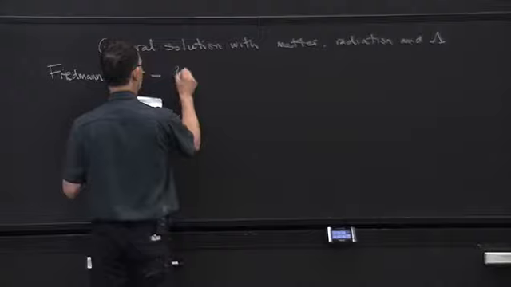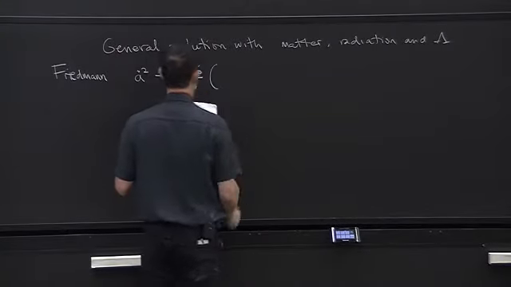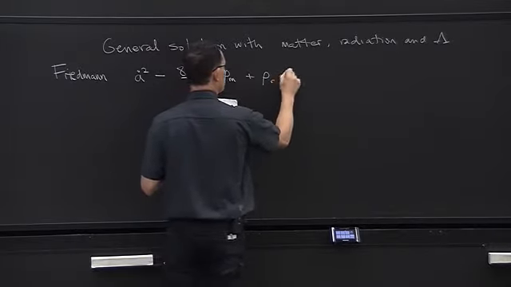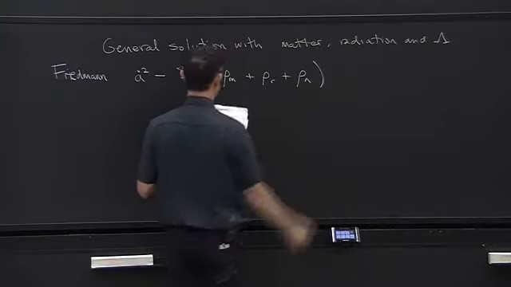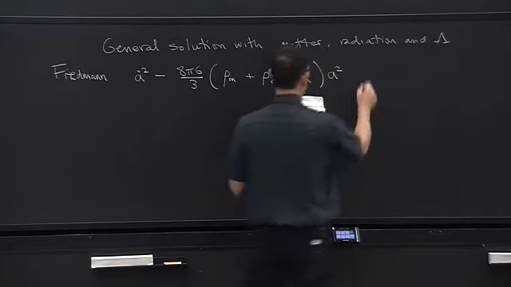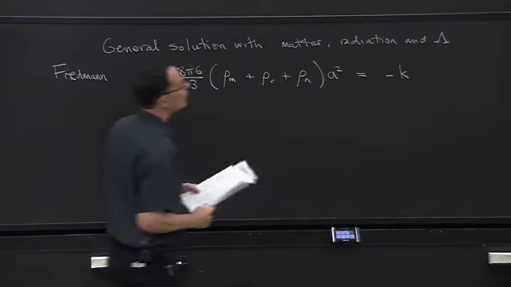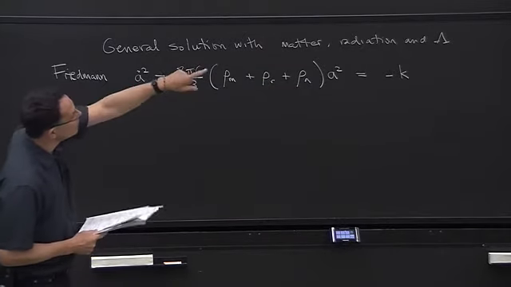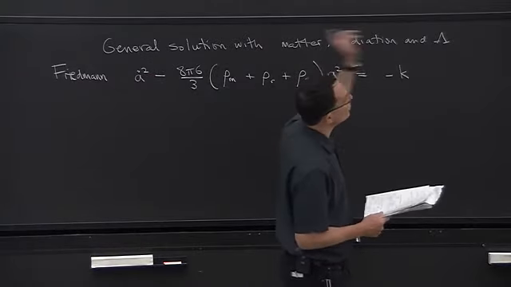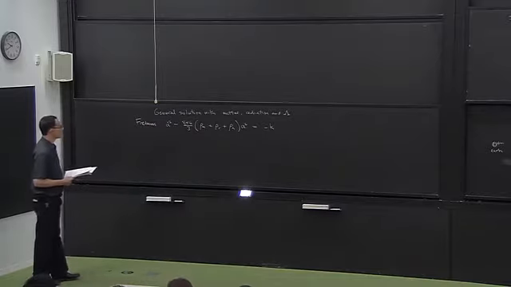So the Friedman equation, it's good to reorganize it like this. (rho matter plus rho radiation plus rho lambda) times A squared equals minus K. Okay, so all I'm doing there is taking the Friedman equation, multiplying by A squared, and pushing the rho term on the left, and keeping the K term on the right.